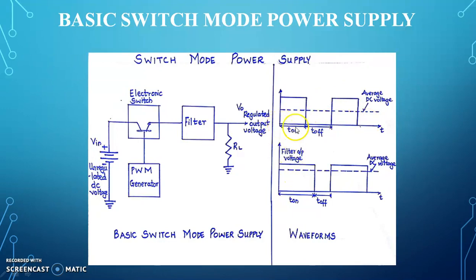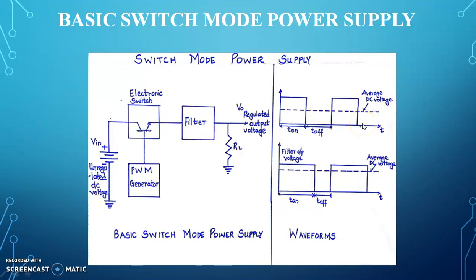Over here there are two waveforms. In the first one we have T on period and T off period. The T on and T off periods are of same value. So the average DC voltage is in the middle, this is the output of the filter, that is the average DC voltage.